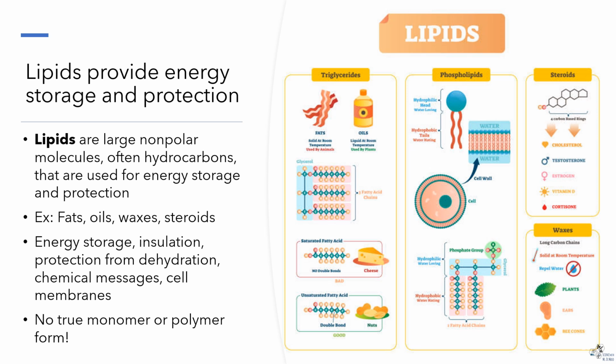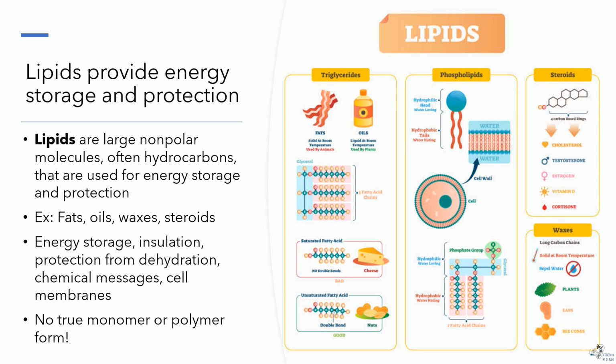The last biomolecule that we're going to discuss are the lipids. These are very large chemicals. They are most often nonpolar chemicals. We tend to mainly think of hydrocarbons, so chemicals that are just carbon and hydrogen repeated over and over again when we talk about lipids.